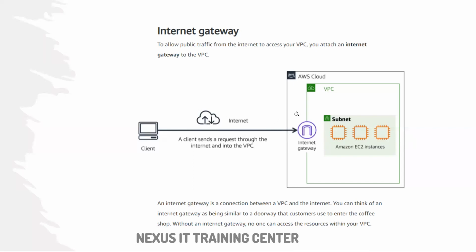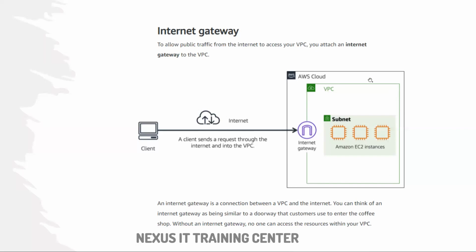So kailangan meron kang gateway. So yung traffic from the single subnet will be broadcasted to the public. Okay? Yun ang concept ng web server. Dapat publicly available. Okay? Internet gateway is a connection between VPC and internet. So ito yung VPC, Virtual Private Cloud. Okay?